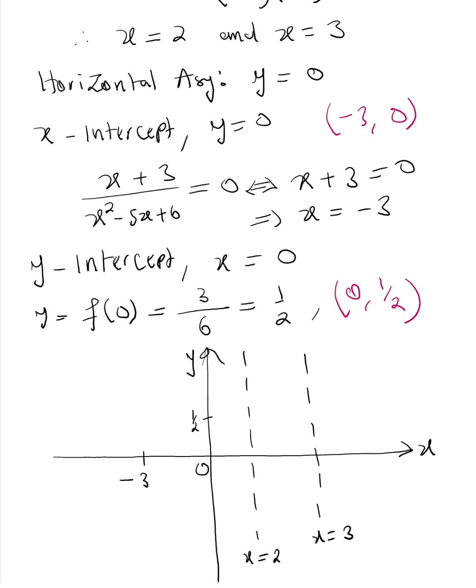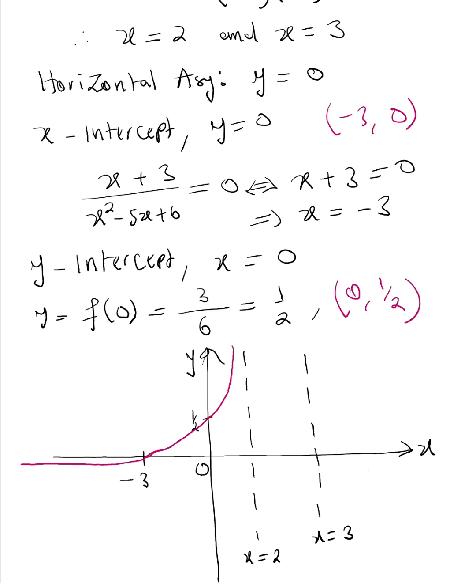Okay, so my graph goes like that. Okay, it goes like that. So it comes from the vertical asymptotes, crosses at 3, then follows the horizontal line.